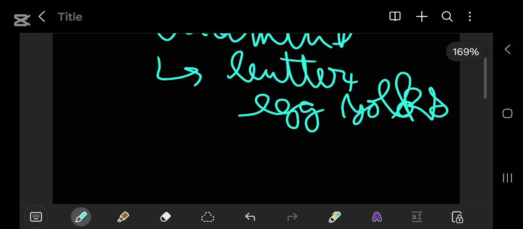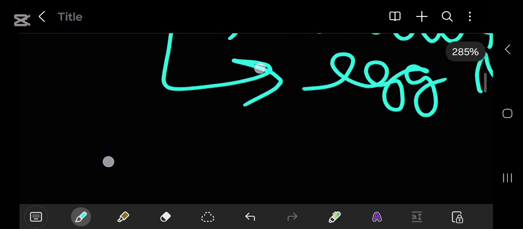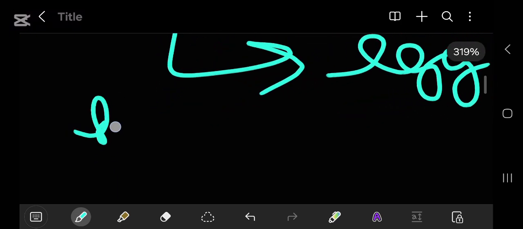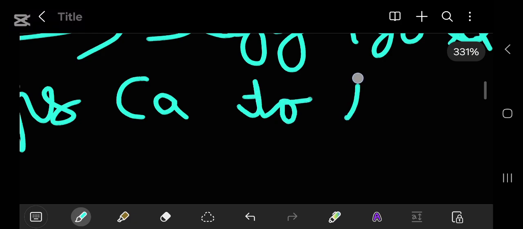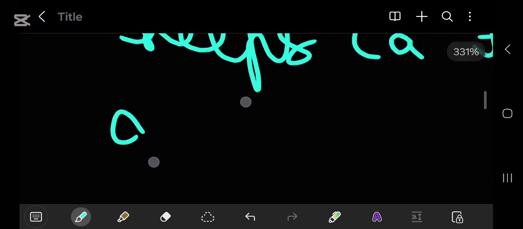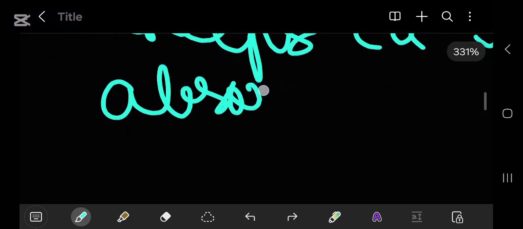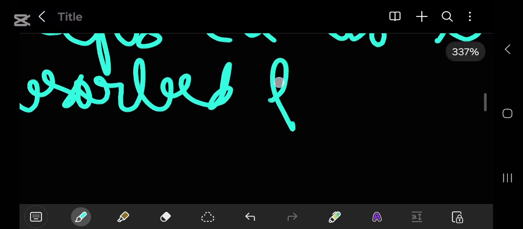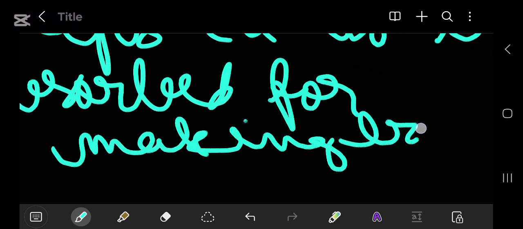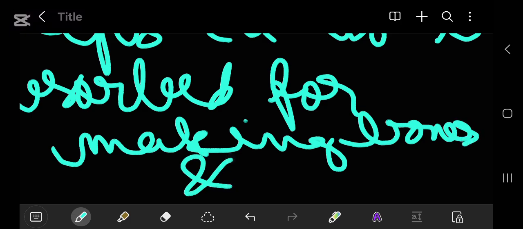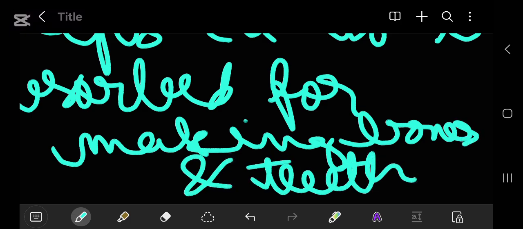The use of this is that it helps calcium to be absorbed for making bones and teeth.